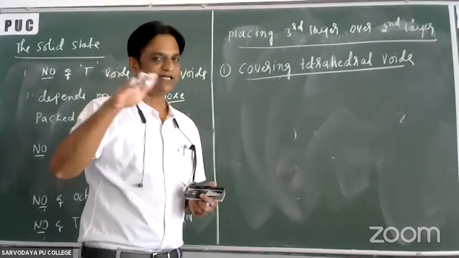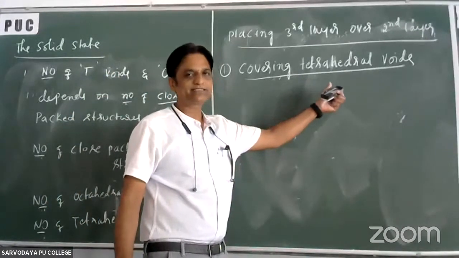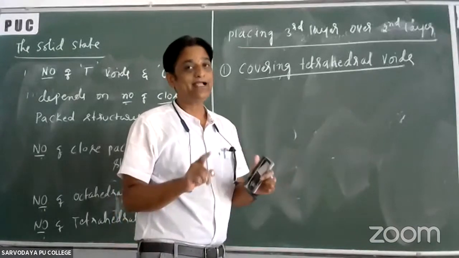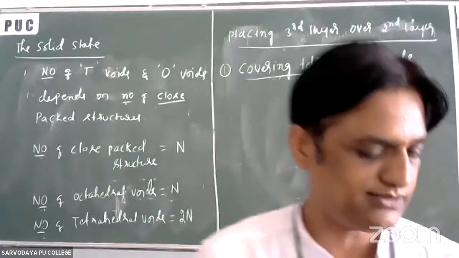So the spheres of the third layer are placed in such a way that they are covering tetrahedral voids. I'll show the model here.